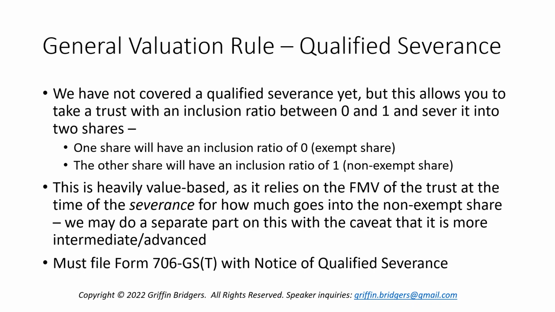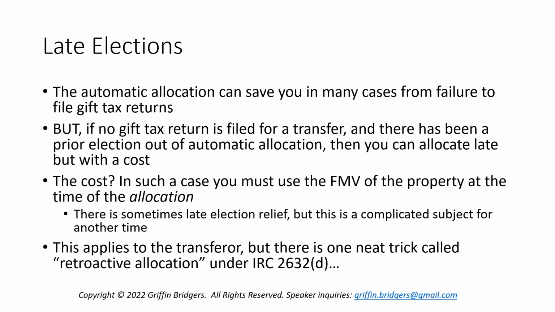I may do a separate part on this, or I may look at more of an intermediate and advanced type of course as a follow-up to this, but for the time being, that's a good rule to remember, is that a qualified severance is based on the fair market value of the trust at the time of the severance to determine the amount of the non-exempt share. And you must file Form 706-GS(T) with a self-authored notice of qualified severance attached in the case of this type of severance.